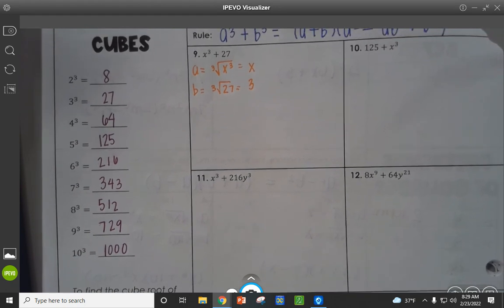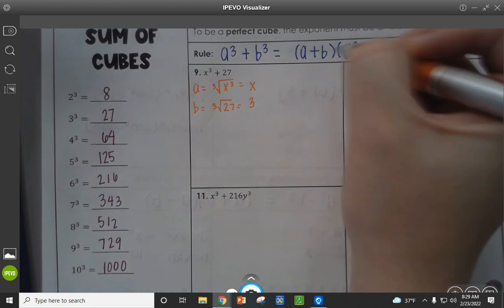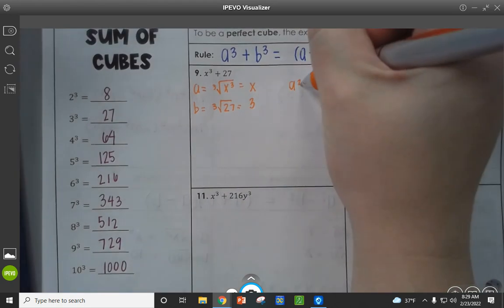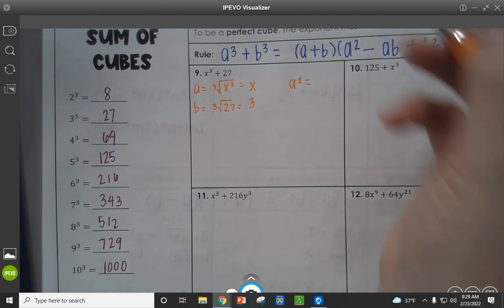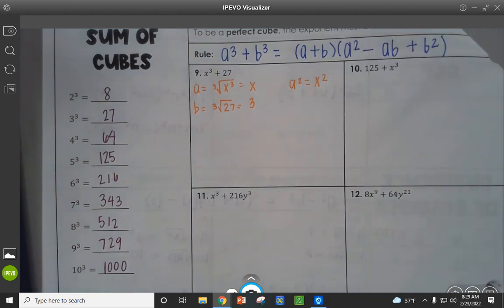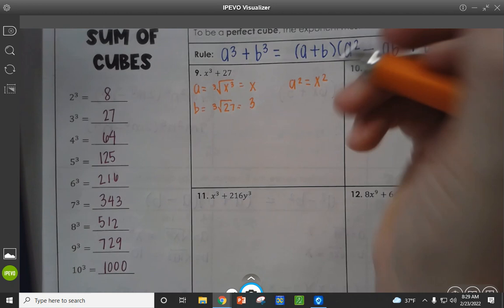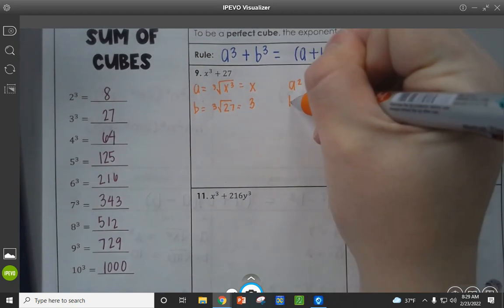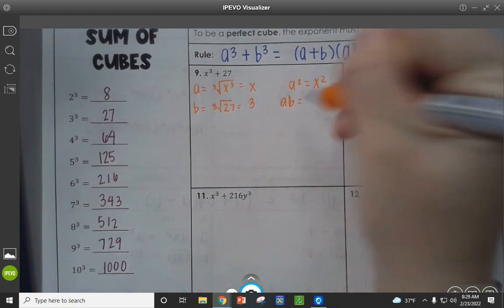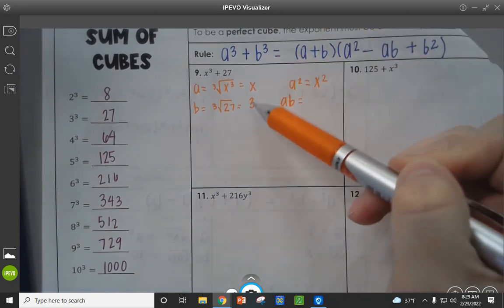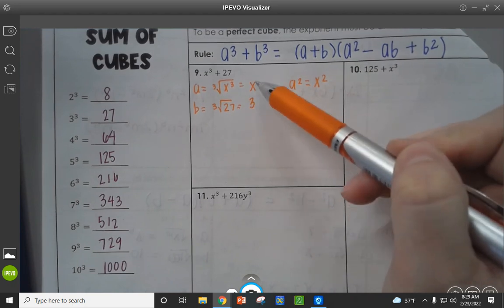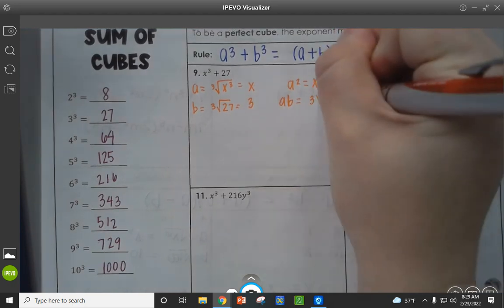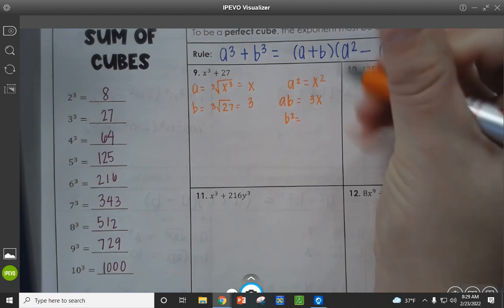Now the formula also calls for a squared. So if my a is x, what would my a squared be? x squared. And then it also calls for AB, which would be my A times B. What would that be? 3x. And it calls for B squared.